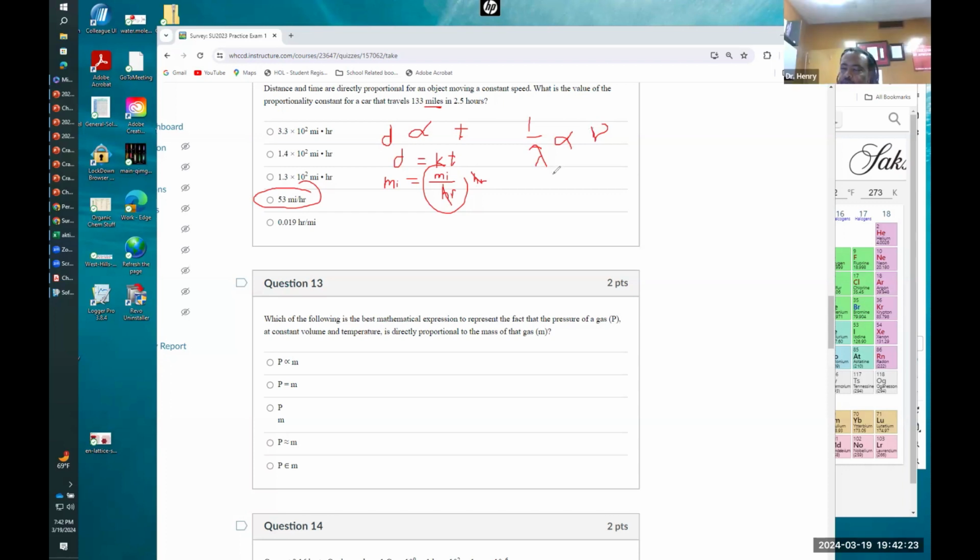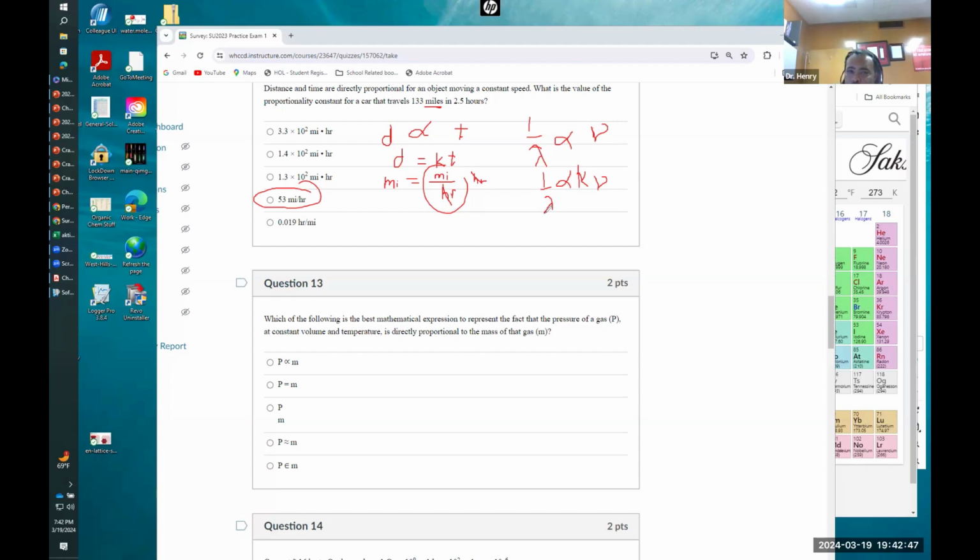So that's the symbol for frequency, right? So then in this case, we're going to put a K here. In this case, we know our K is really our C, or our K value. So we have K and frequency, and that's going to be 1 over lambda.